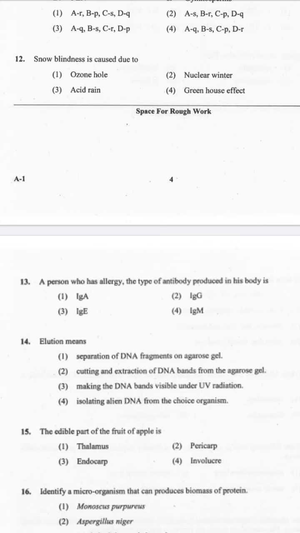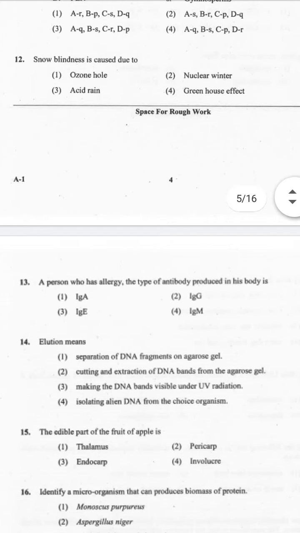The solution is: when ozone depletion occurs widely in the stratosphere, the depletion is particularly marked over the Antarctica region. This has resulted in the formation of a large area of thinned ozone layer known as the ozone hole. Snow blindness is the condition of loss of vision due to overexposure to UV light. Hope you understood this one.